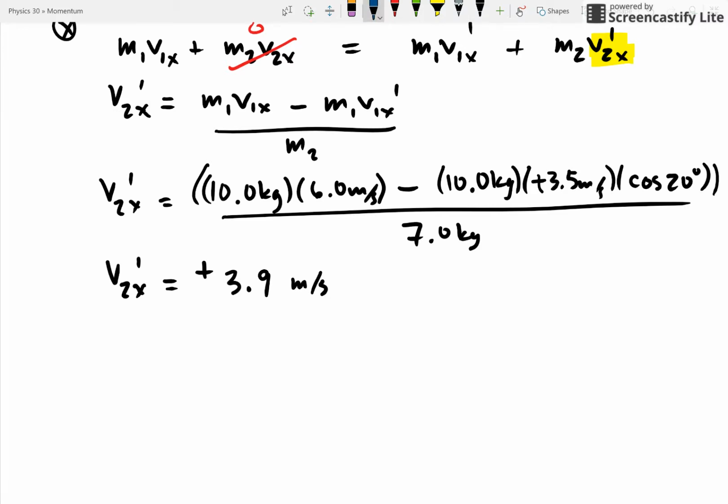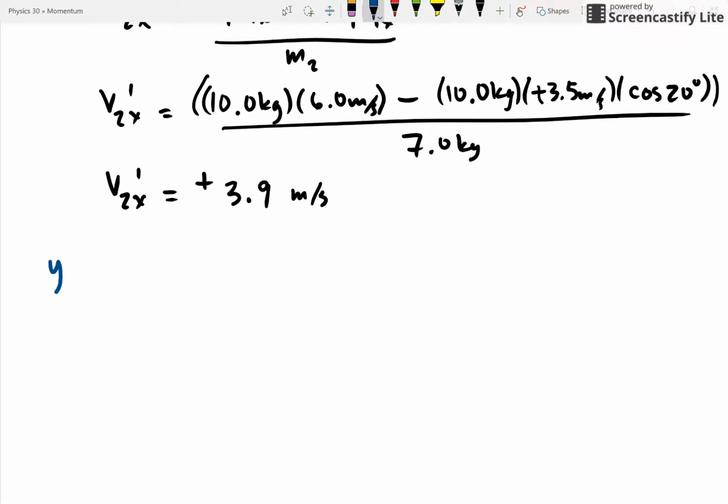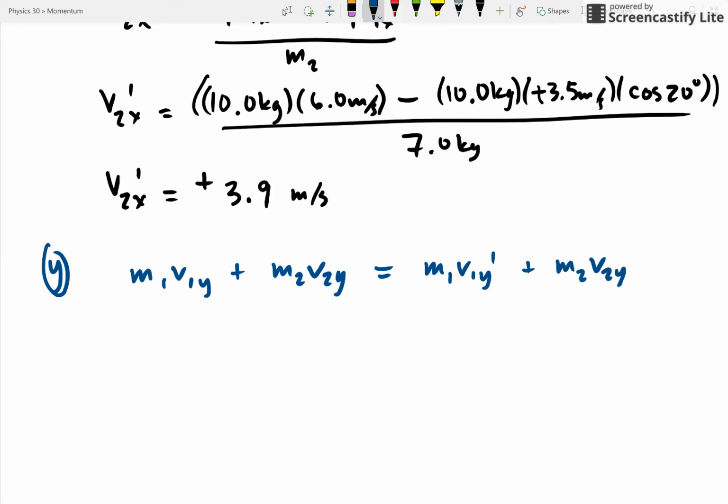Now we'll switch this up to the y-axis, and we'll start again with mass 1, mass 2, and that's equal to mass 1 v1y prime and mass 2 v2y prime. Mass 2 was not moving, so it has 0 velocity in the y-axis.